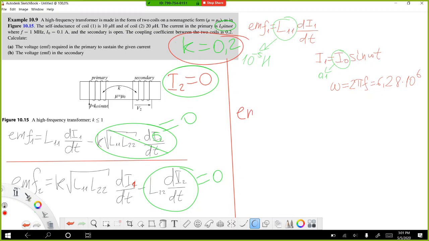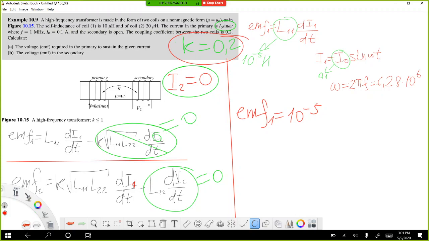let's write again electromotive force 1. L11 is 10 to the minus 5, and I1 is, we said, 0.1 sine omega t.